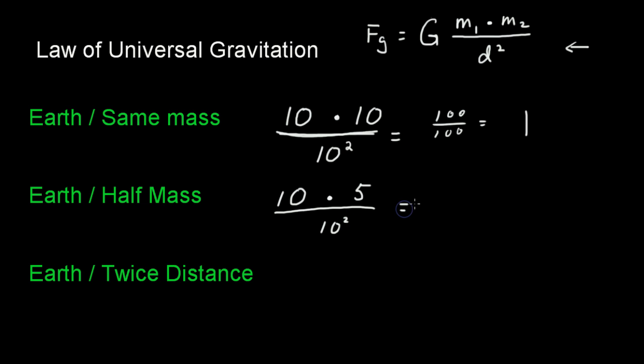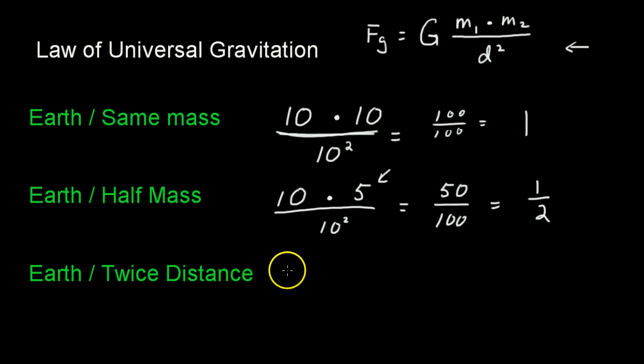So half its mass, you might guess that maybe it's half its gravitational pull. All right, and so we end up getting 10 times 5 is 50 over our 100, and there we go. Yeah, half of the 1. So half of its gravitational number is due to one of the planets being half its mass.